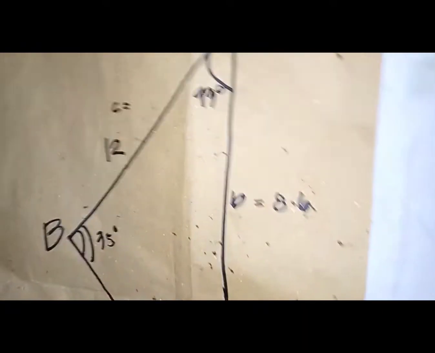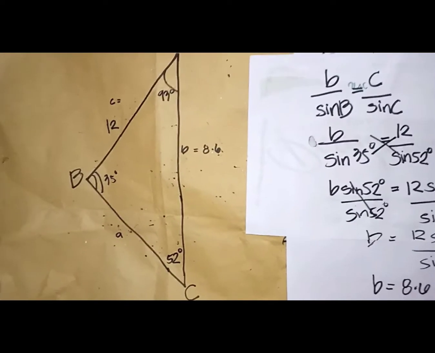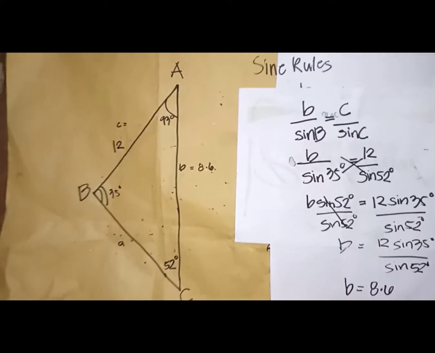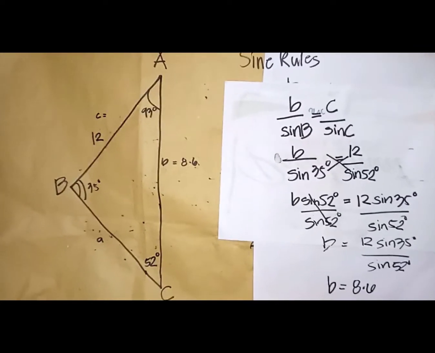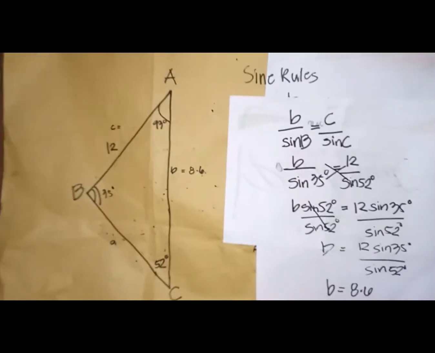Here we already have the three angles. The last thing that we are going to do is to find the side A. In finding the side A, we're going to use the cosine rule.